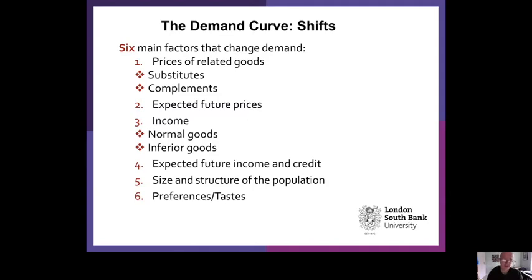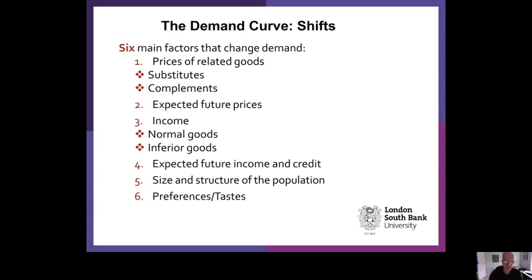It's going to shift the demand curve to the right. Okay, equally, if you have an adverse change in taste, if there's a health scare or some other thing that causes people to look at something less favorably, then the demand curve would shift to the left. Okay, so I would say 1, 3, and 6 are the places to start.